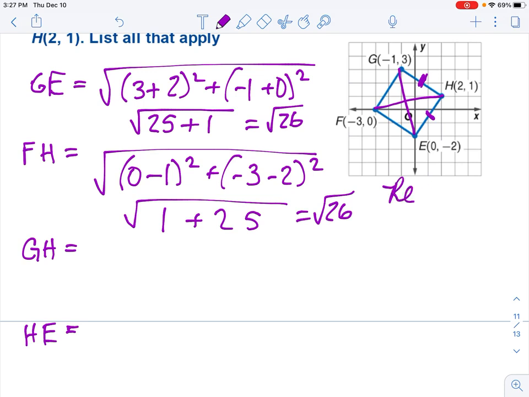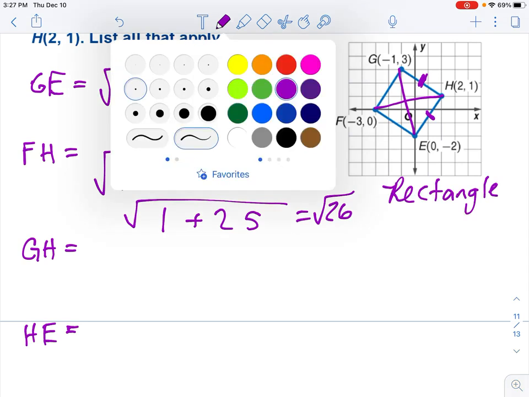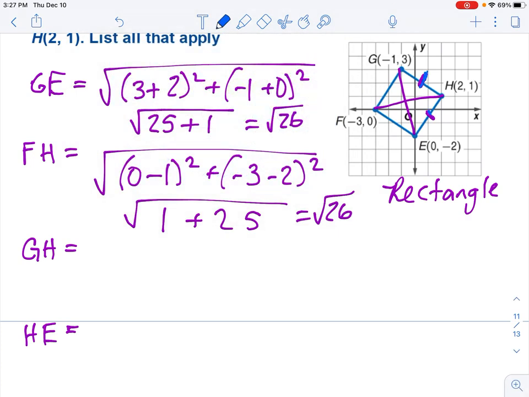All right, so it checks out to be at least a rectangle. Now I'm going to check consecutive sides and see if these are congruent in making it a rhombus.